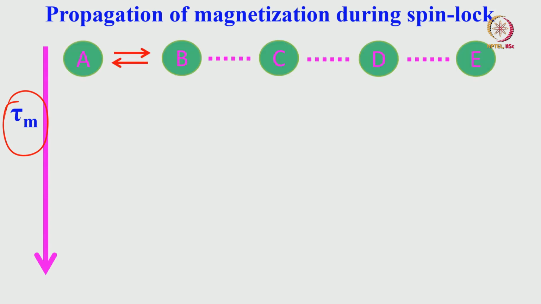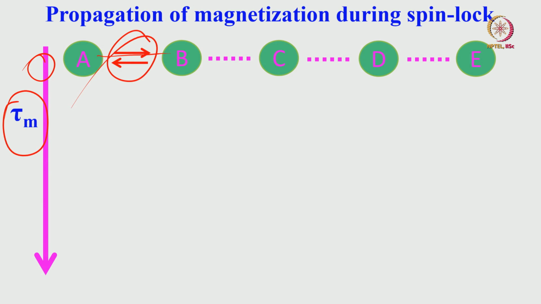First, I will consider 5 spins coupled among themselves. For a short mixing time here, there is exchange of energy between A and B. I will start with A and then it will give energy to B. But simultaneously after some time, it will also start coming back from B. So A to B, there is an exchange of energy for certain mixing time.